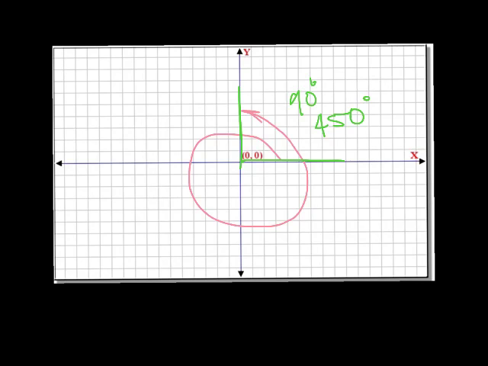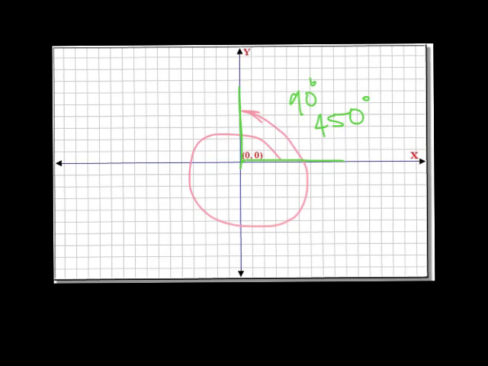So when they end, or they have the same terminal side, which in this case is right here, these are called coterminal angles. They end at the same place. Their terminating point is at the same place. I can go absolutely crazy, which you know me and my math craziness.